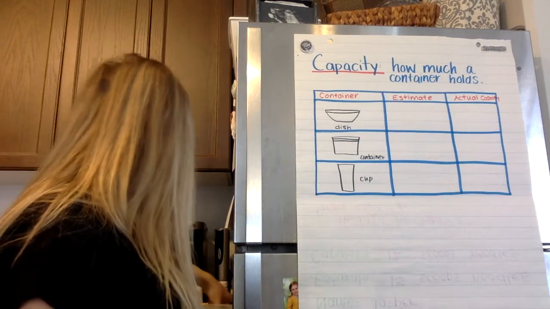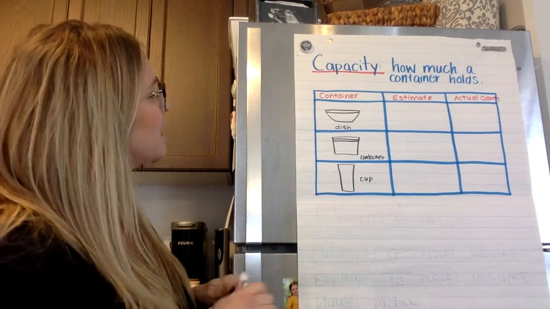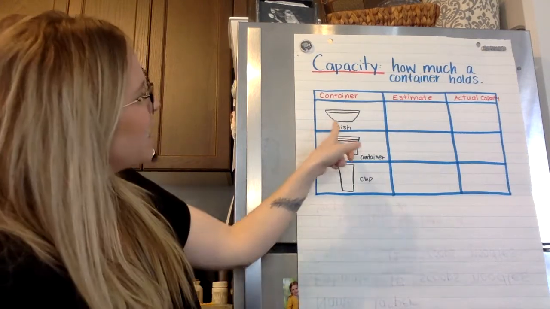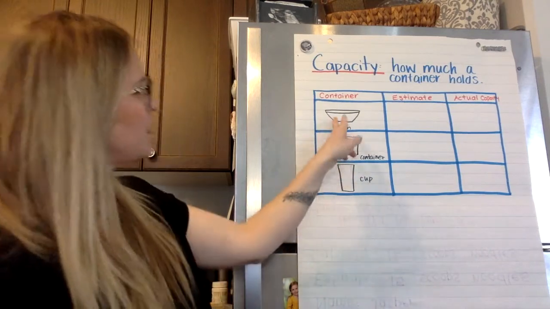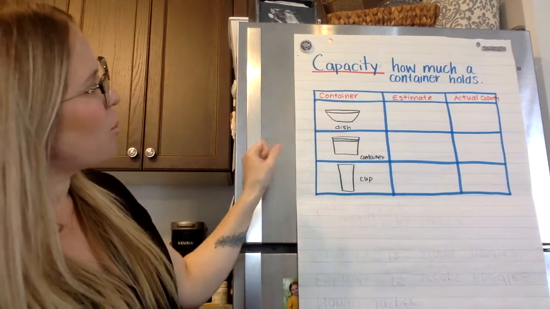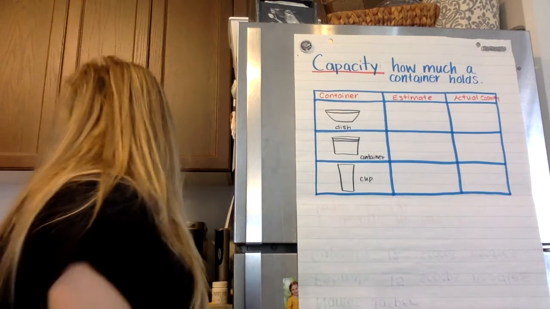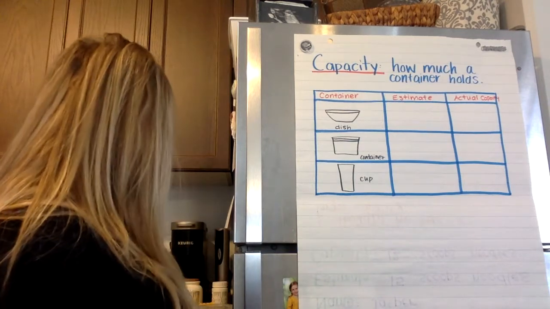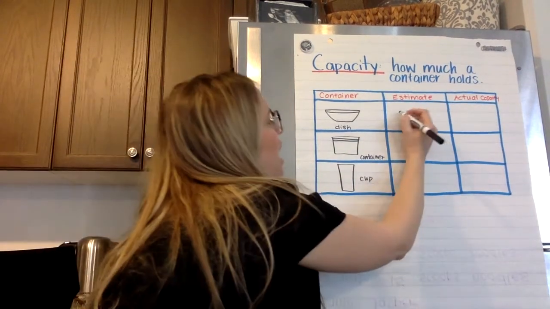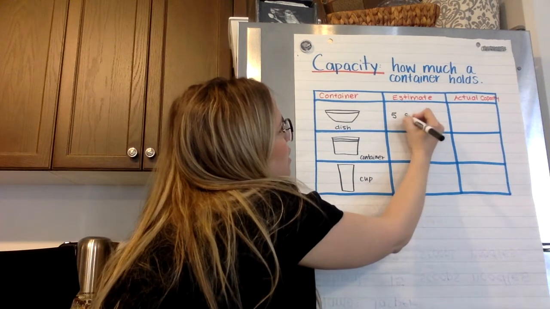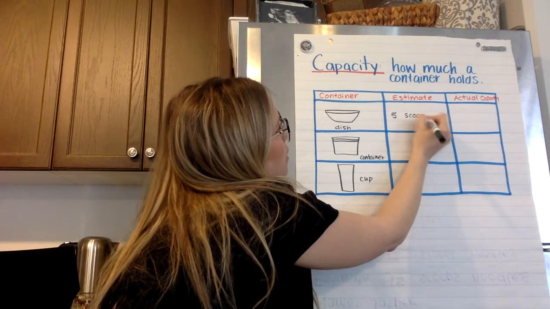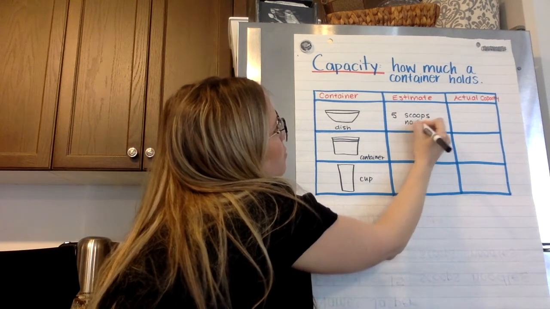So I am going to estimate that this dish, even though it's a bit wider, it's still quite short. So I'm going to estimate that it holds 5 scoops of noodles.